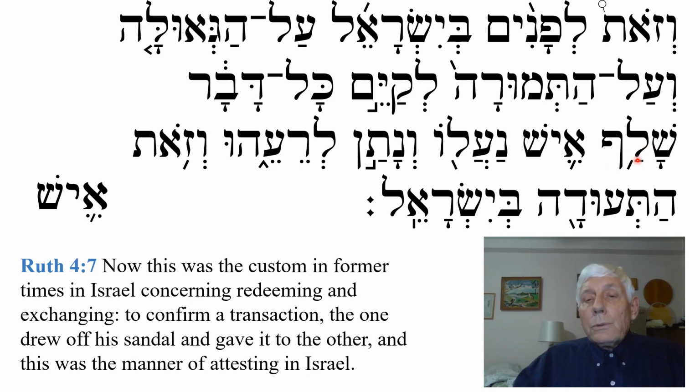It's the same root that's also used for pulling out the stalks of grain in the second chapter, so this is one of the repeated words we've seen previously. Shalaf ish na'alo, he pulls off his sandal, and gives it to his neighbor. And that's each person involved in a transaction doing this with his sandal.